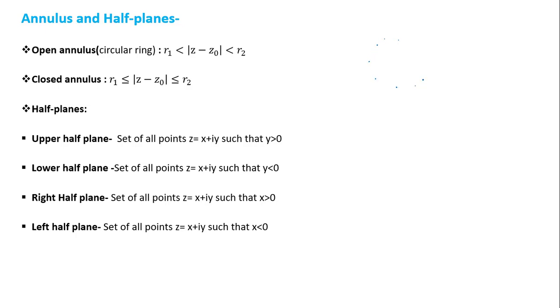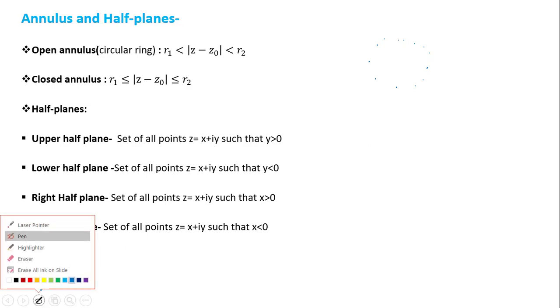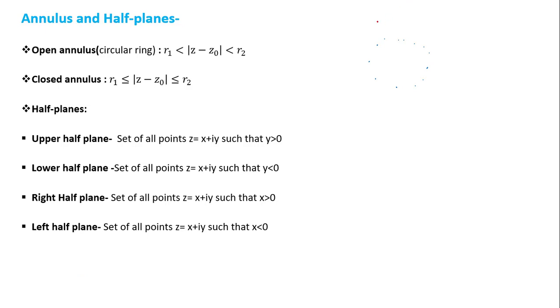First let me draw a circle. Give another pen. Dotted circle, and we know that z naught is the center, so let me put z naught here. So z naught is this point.